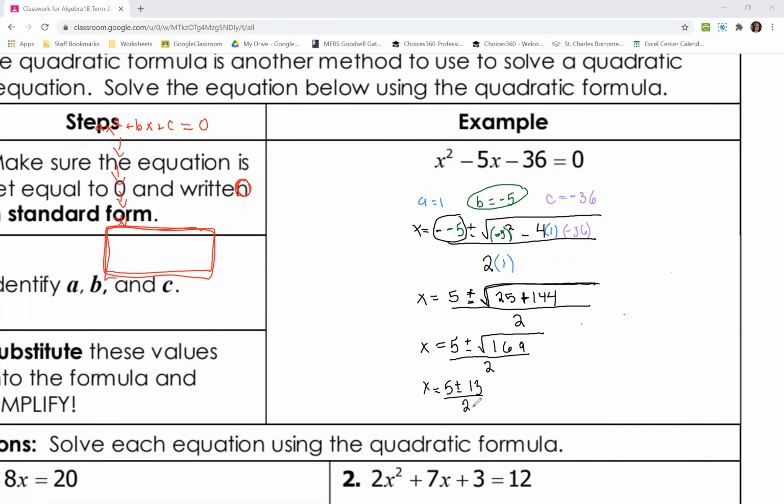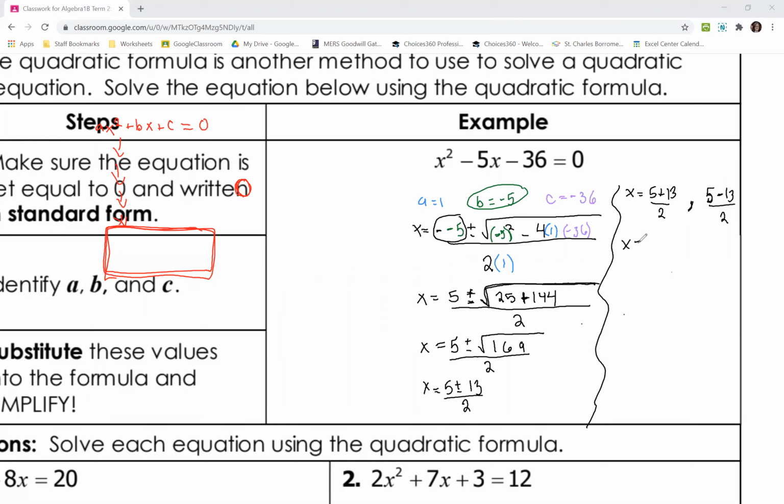Now, like I said, this is 2 different equations, okay? One of them, and I'm going to go up here because I ran out of room. One of them is x equals 5 plus 13 over 2. And the other one equals 5 minus 13 over 2. Okay, so those are 2 totally different equations. So we'll have to split them apart to find them.